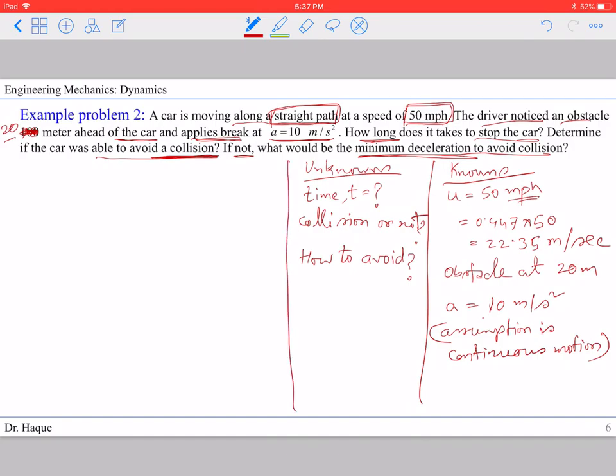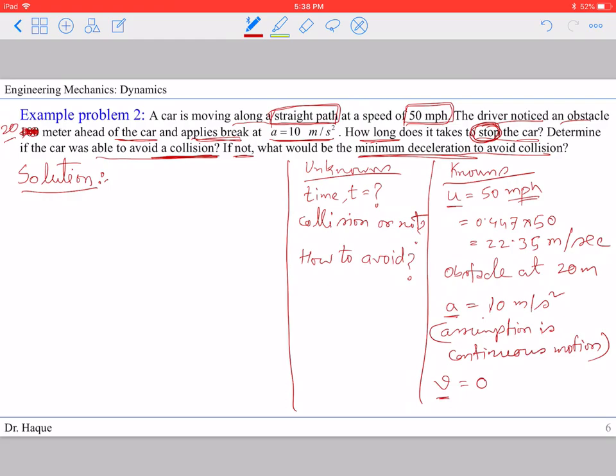Okay, so now we can start the solution. Knowns are initial velocity and acceleration, and we know that the car is going to stop, meaning the final velocity is 0. From these knowns, we can use one of the four formulas.